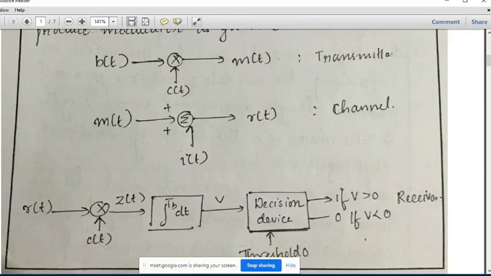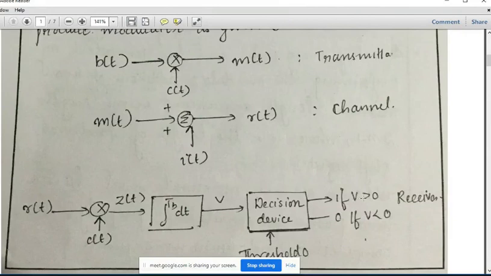This z(t) is given to an integrator. The product modulator followed by an integrator becomes a correlator. z(t) is integrated over the interval 0 to T_b, and the output of this correlator is V, which is given to the decision device. The decision device is set with a threshold equal to 0.